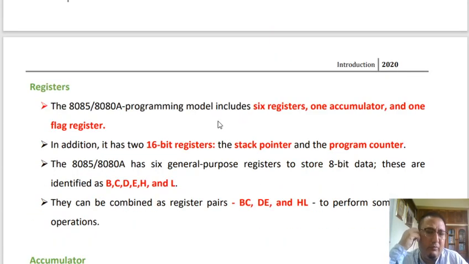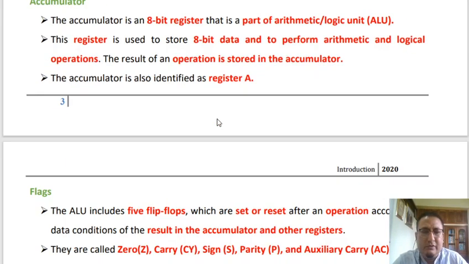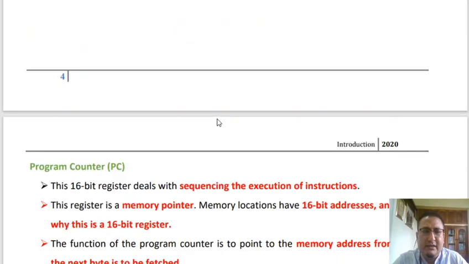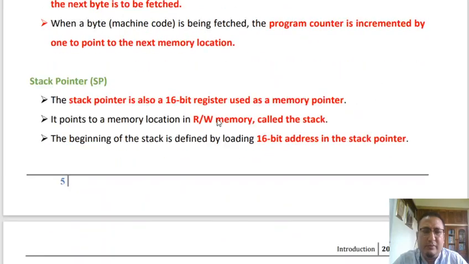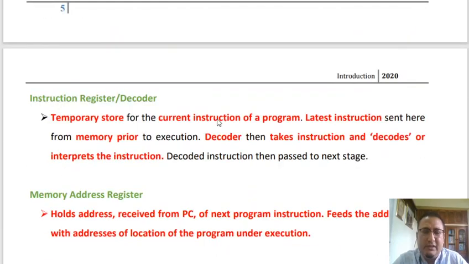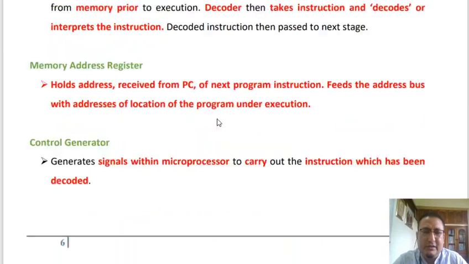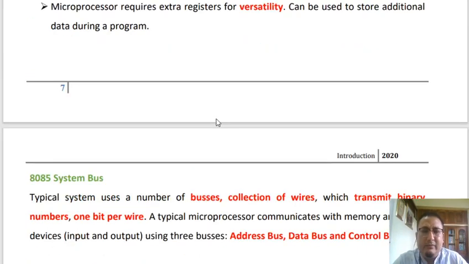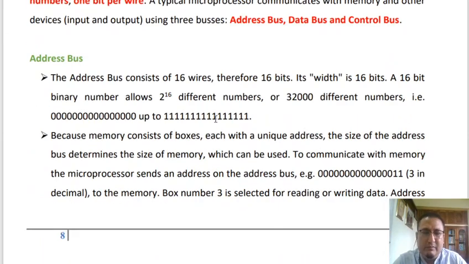We have come across the programming model, which includes the various registers. We have discussed the role of the accumulator, the various flags, the program counter and the stack pointer, then the instruction register and decoder, the memory address register, and the register selector. Then we discussed the various 8085 buses, and the size and capability of the buses as well.